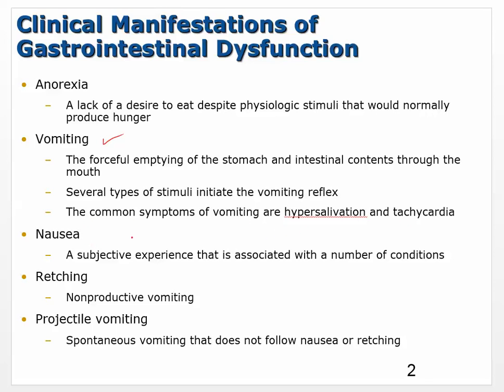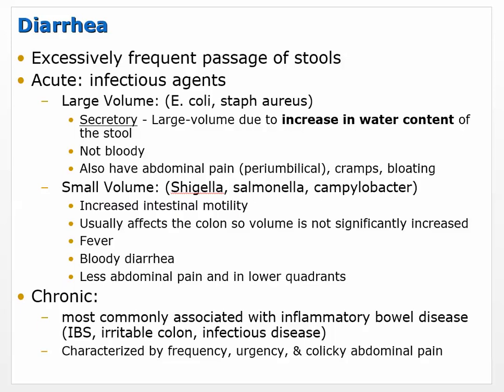Nausea is that feeling where you feel like you're going to vomit, but it's a subjective experience, so everybody experiences it in their own way, and it is associated with a number of conditions. Usually nausea, vomiting, and diarrhea all go together. Retching is non-productive vomiting, and projectile vomiting is spontaneous, not really associated with nausea or retching. It's just vomiting that occurs without those things.